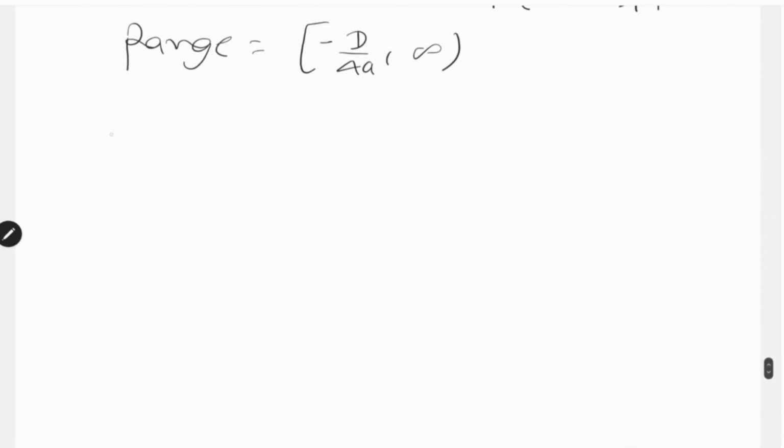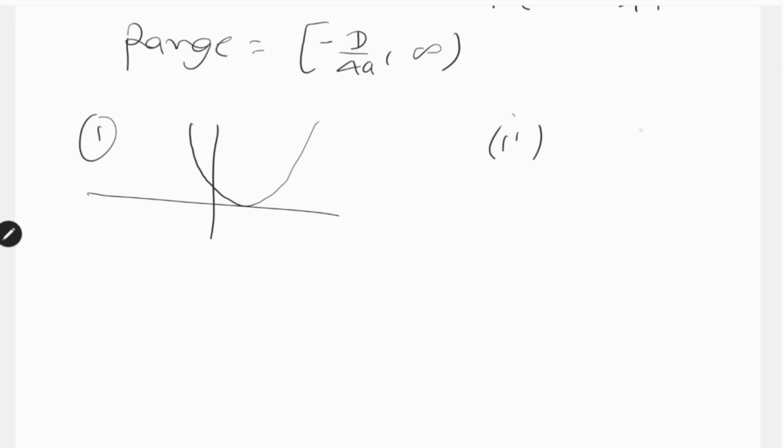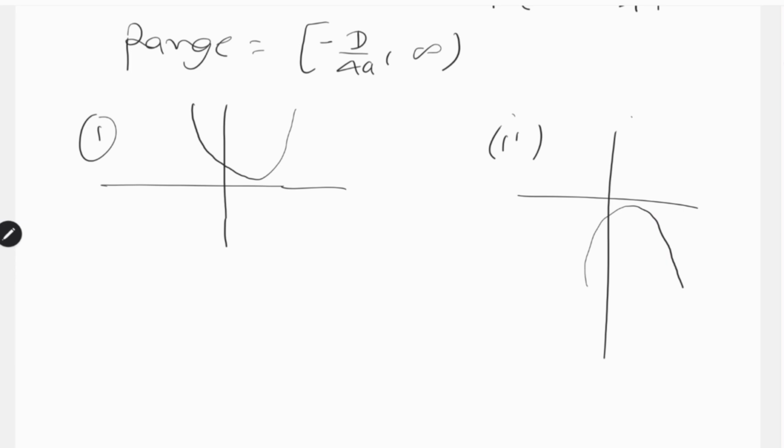Okay, suppose that I make two graphs, first and second. Okay, that is the graph for a greater than 0 and that is for a less than 0. For a greater than 0 that is the minimum point, at minus b by 2a and negative D by 4a.